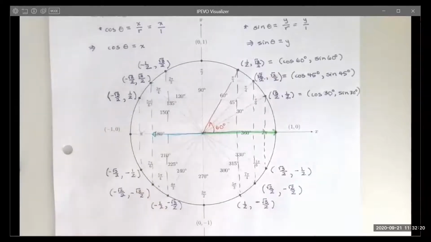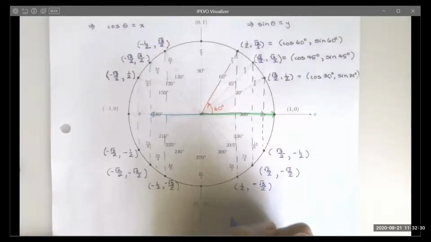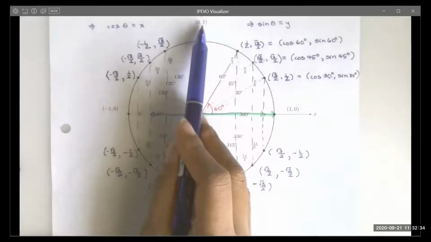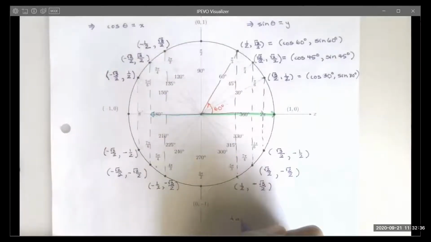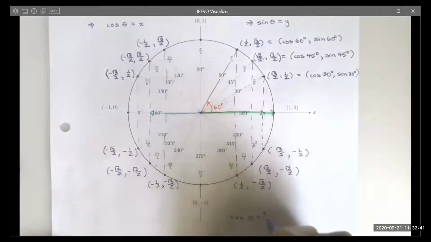And what if we want to find tangent of, let's say, 90 degrees? Well, tangent is a little bit trickier because remember, in the coordinates, this is cosine, this is sine. But from definition number 2, tangent is y over x.